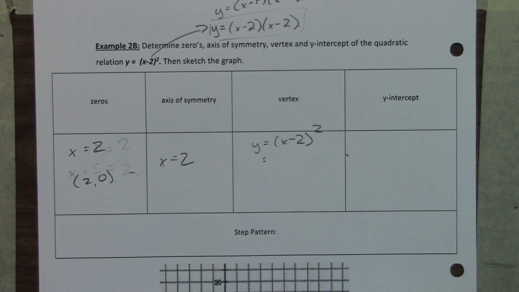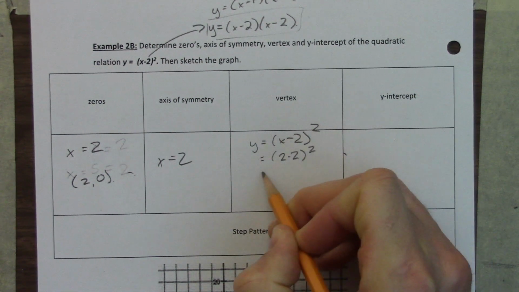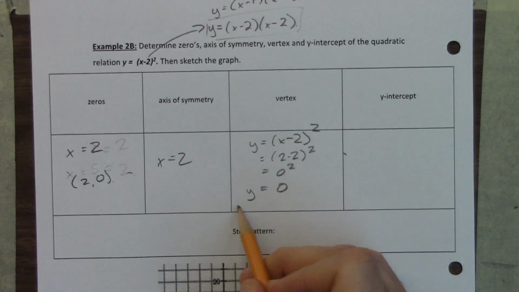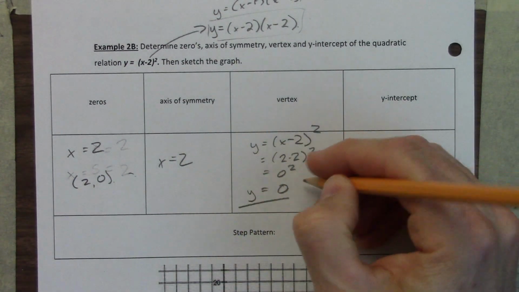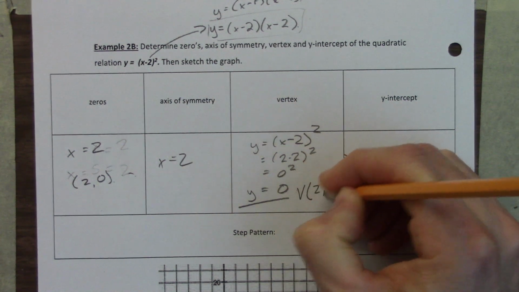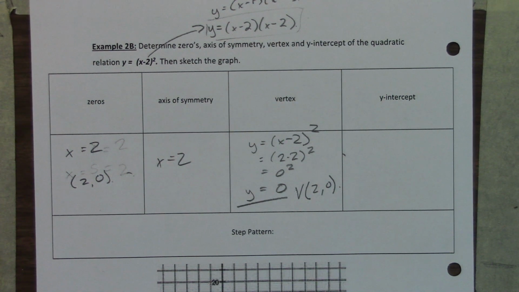Yep. So 2 minus 2, 0. Y equals 0. Yep. So y is 0 and x is 2. So our vertex then is 2, 0. I hope already you guys can visualize this parabola. So only got 1 point on the x-axis.